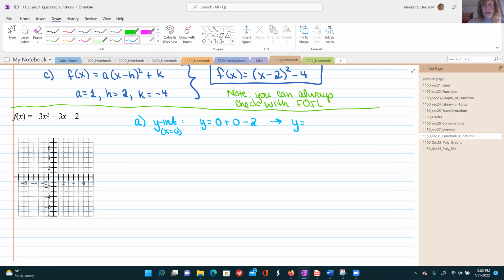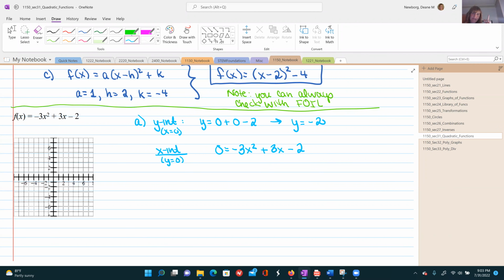So I get y equals -2. For the x-intercepts, we plug in y equals 0, but f of x is the same as y. So I'd have 0 equals -3x squared plus 3x minus 2.